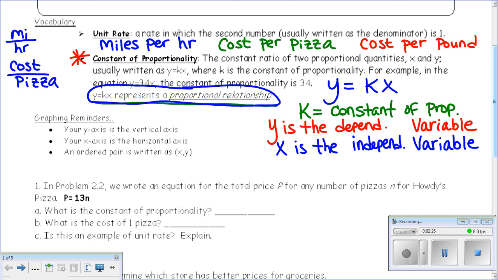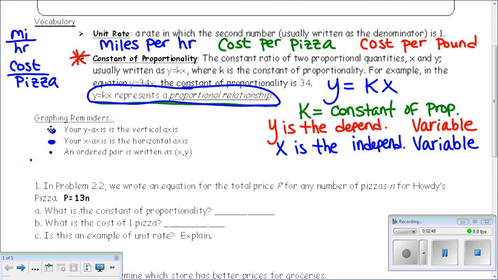So when we graph, we want to remember that your y-axis is your vertical axis. That's right over here. Your y-axis is your vertical axis. Your x-axis is your horizontal axis. I always remember that the y has a little tail.